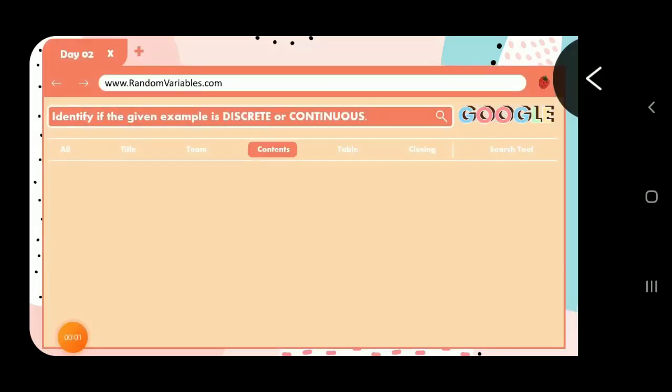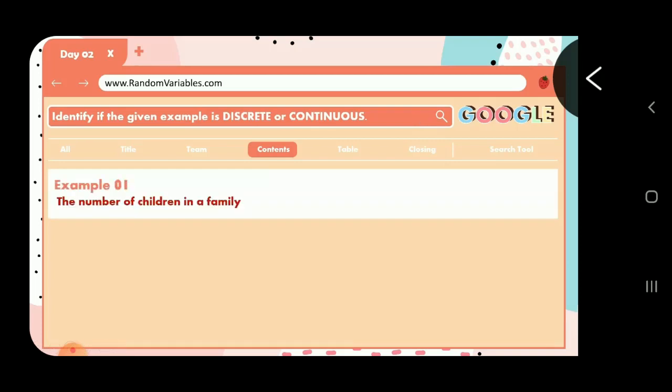Right, let's have an example to check if you really understand our topic for today. So first, let's identify if the given example is discrete or continuous. Example number 1: the number of children in a family. Is it an example of a discrete random variable or a continuous random variable?